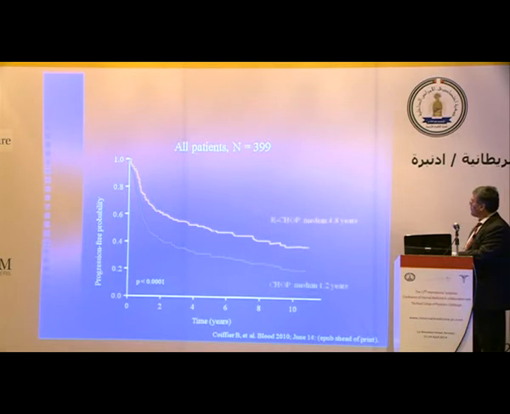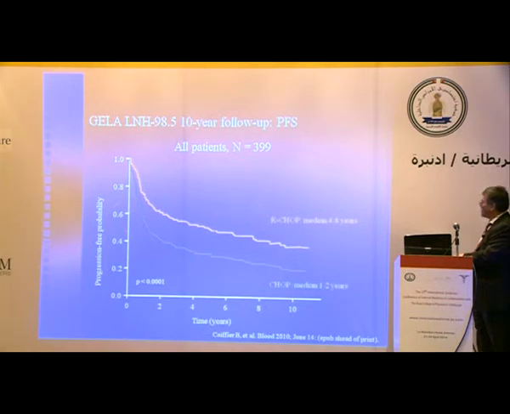The outcome of this study was that the median survival for patients receiving CHOP alone, which is the standard for most lymphoma patients, particularly diffuse large B-cell lymphoma, is about 1.5 years, while for patients receiving R-CHOP it is about 4.8 years.